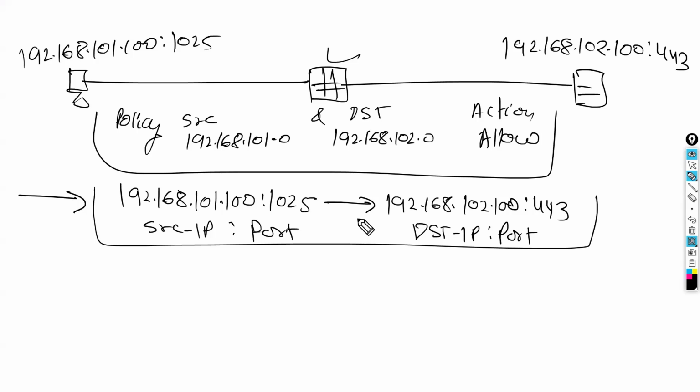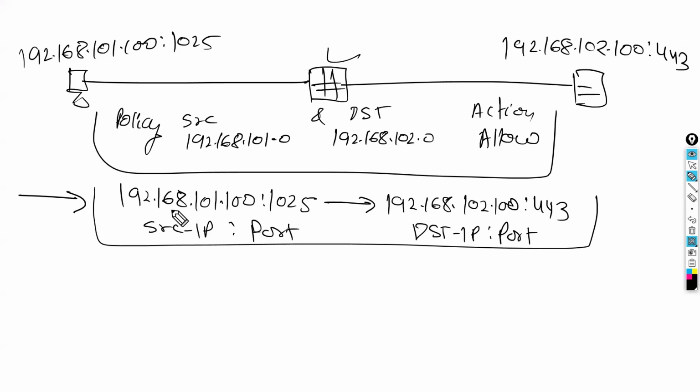How will my firewall read the entry when I get the SYN-ACK packet? At that time my source will be 102.100, and when I check the entry in the database, that source is what I mentioned as the destination.